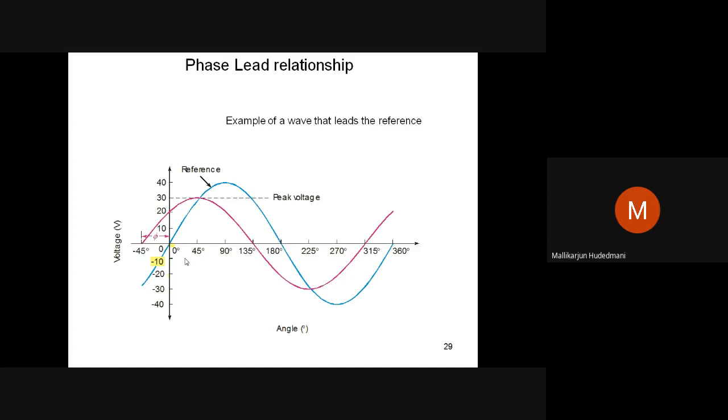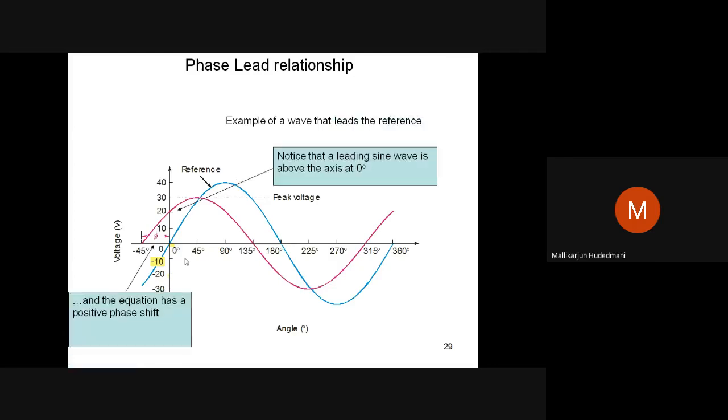Now the next question is: is it really necessary for us to draw the waveforms all the time whenever we understand the relationship between them, or is there any other technique to represent it? Yes, there is another technique, called representation of an alternating quantity by a rotating vector. That is what I wanted to convey.